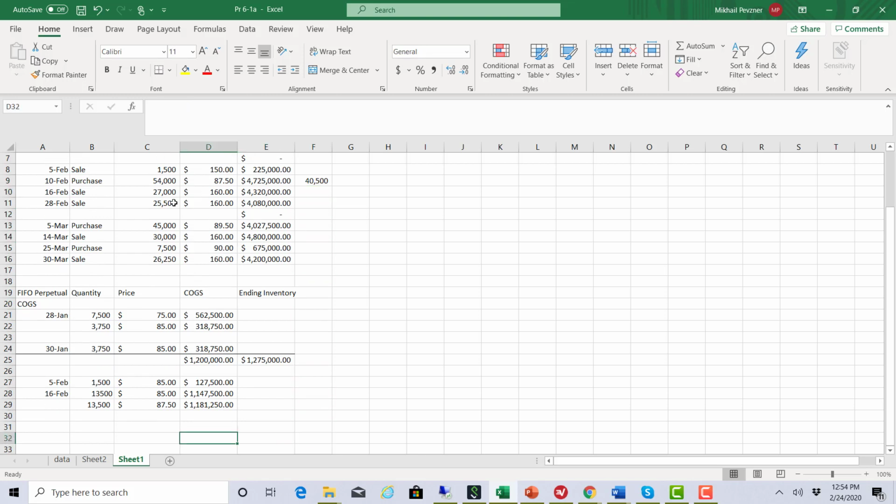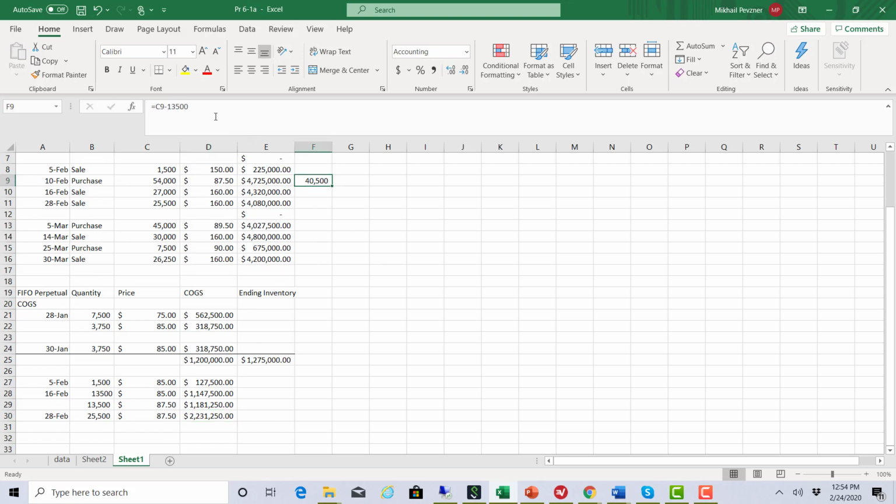And then finally, on the 28th, we have another sale of 25,500. All of it can come out of this layer, since there are still 40,500 units left. So I can just take the price of $87.50.